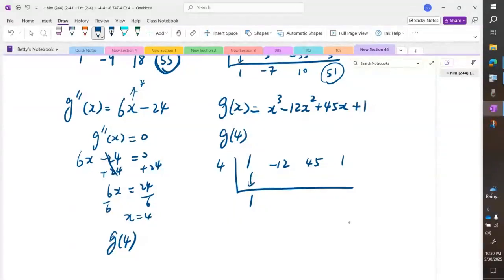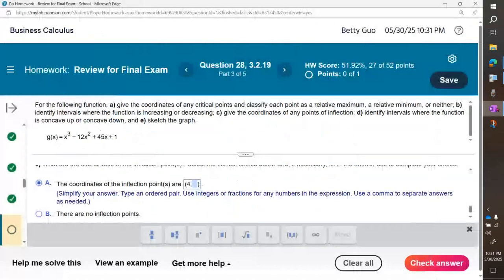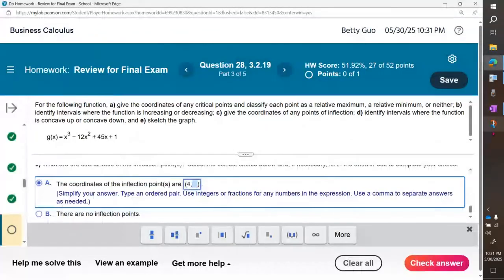Bring down 1. 1 times 4, negative 12 plus 4 is negative 8. 4 times negative 8, negative 32. 45 minus 32, 13. 4 times 13 is 52. 52 plus 1, 53. 53 is g of 4. So the inflection point is (4, 53).